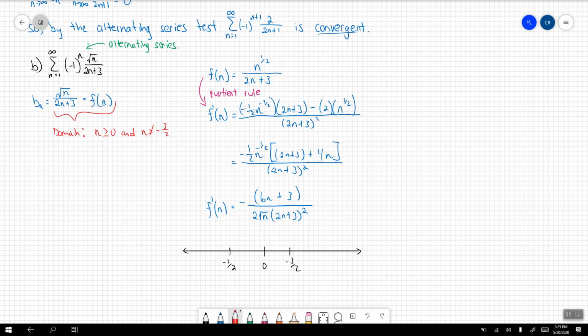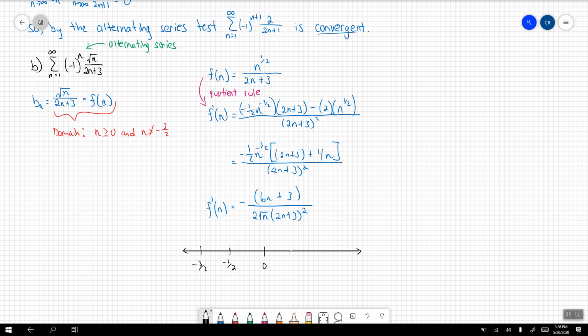Okay, so there we are. All right, we have those few things that we need to observe. Oops, I am so sorry. Did I put negative 3/2? I have no idea why I did that, everyone. My apologies. Negative 3/2 is actually over here. There we are. So that's negative 3/2.